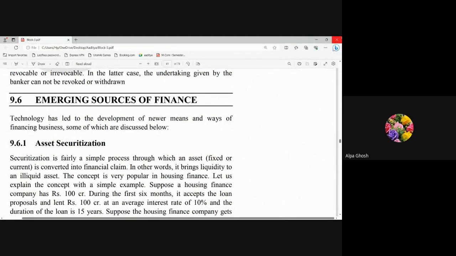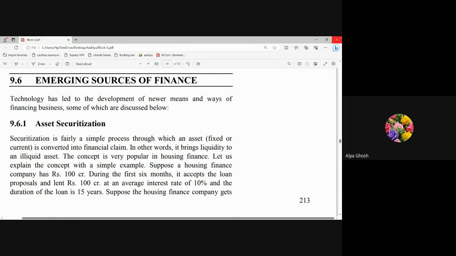Asset securitization. Asset securitization means that it is a process through which an asset is converted into a financial claim. That means we bring liquidity to an illiquid asset. The asset is a physical asset, a permanent asset. It has a physical existence, and that physical existence doesn't have any use. But what we do, we try to go for mortgage or keep it as security and then borrow funds against that.